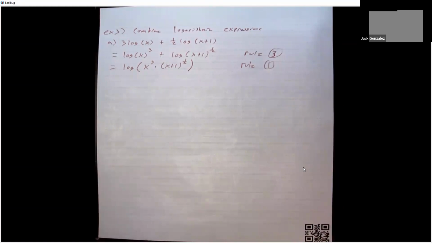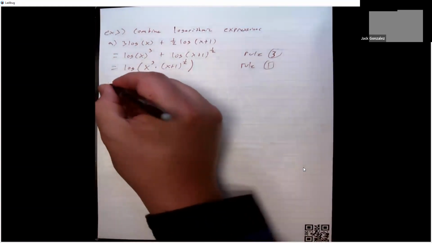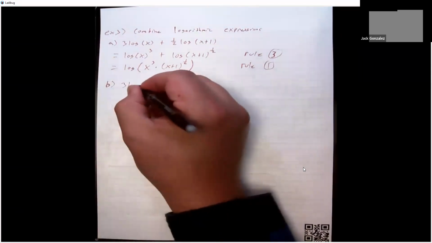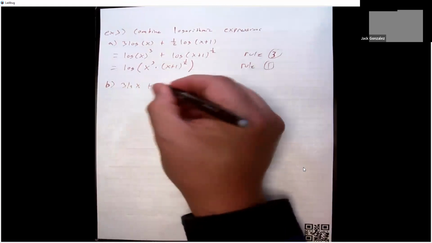Okay. Any question on part A? Seem doable? Okay. I mean, you've done it before in college algebra, so I'm hoping you remember a lot of it. If not, you've got plenty of time to practice, right?